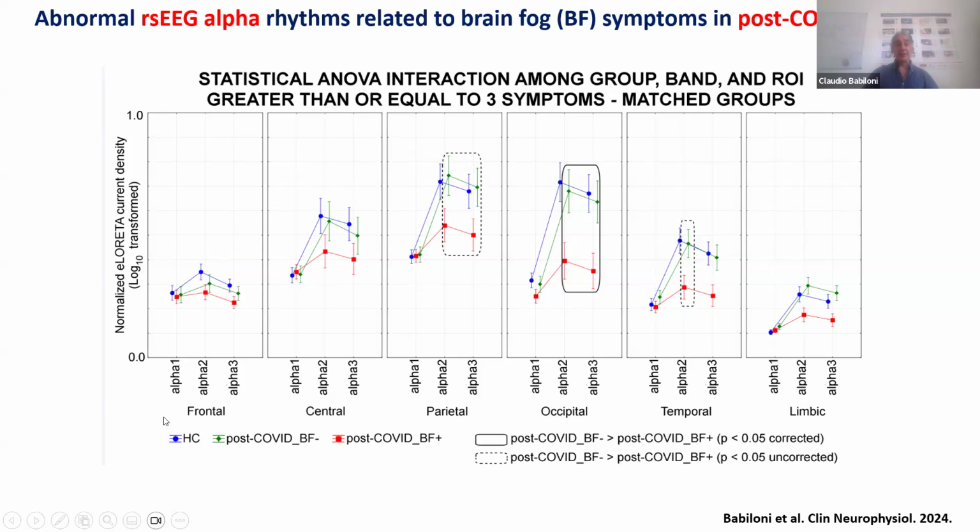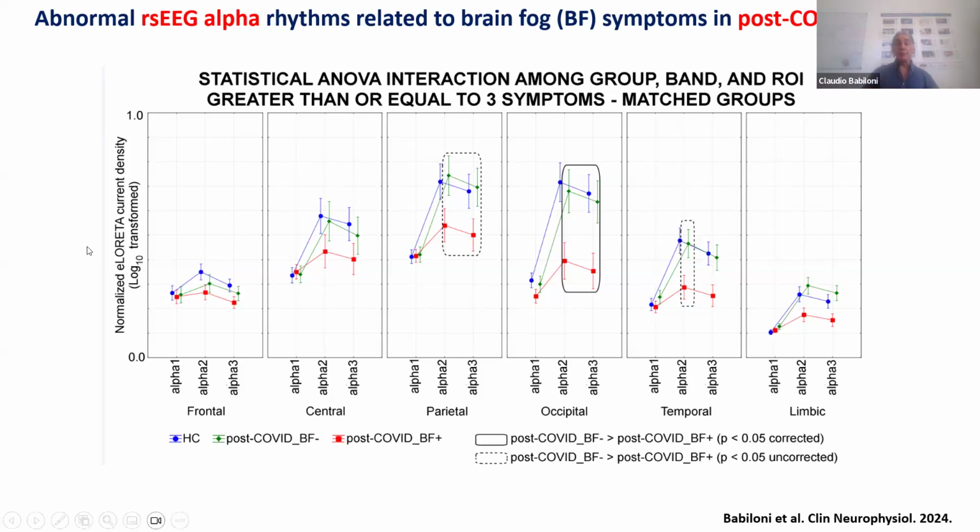In the graph, you see the alpha source activity in frontal, central, parietal, and so on. And in blue, you have the unaffected healthy subjects. And the post-COVID patients with mental fog were divided in 2 subgroups.